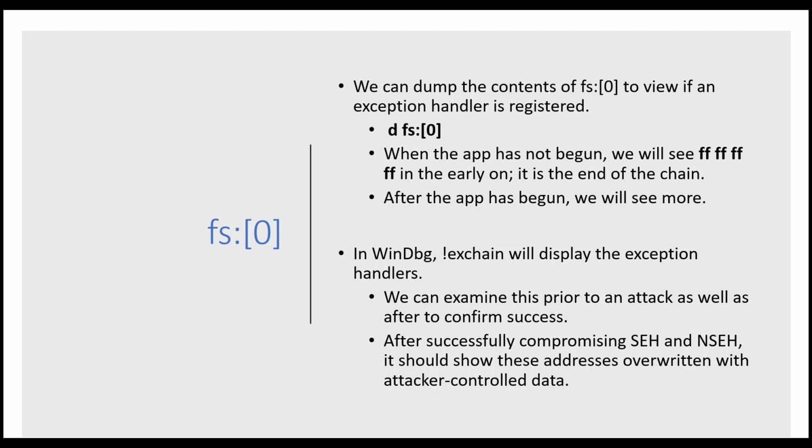That means it's at the end of the chain, and then after the application has begun, then we'll see more of it. Now, in terms of how we can make use of some of this in a WinDbg environment, we could send our payload. However we're sending the payload, whether it's file-based, over a network, or local, doing input on a command line, we send our payload and we're suspicious that maybe we want to see if we overrode it.